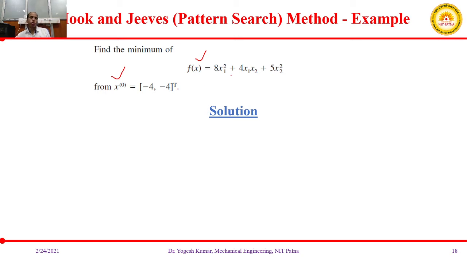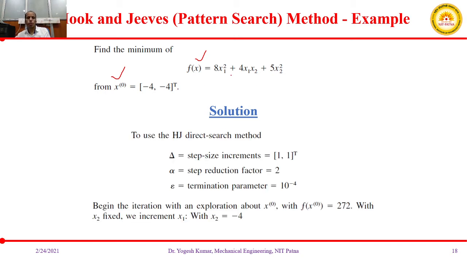Okay, so for the solution, in step number 1, we will define the step size. Say the step size increment in each variable is 1. So delta x1 is 1 and delta x2 is also 1.